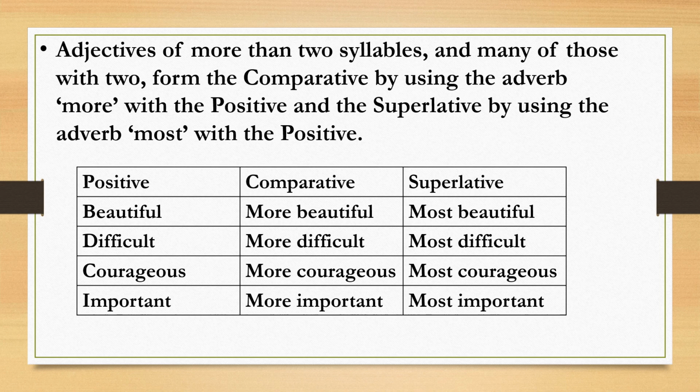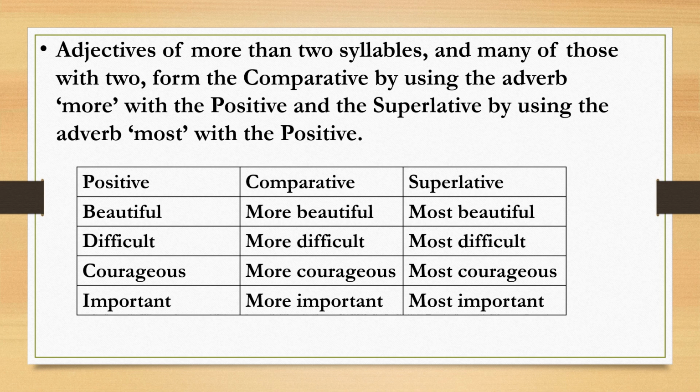The word difficult has again three syllables. Therefore, we add more and make it more difficult in the comparative, and we add most to the superlative, making it most difficult. Courageous.